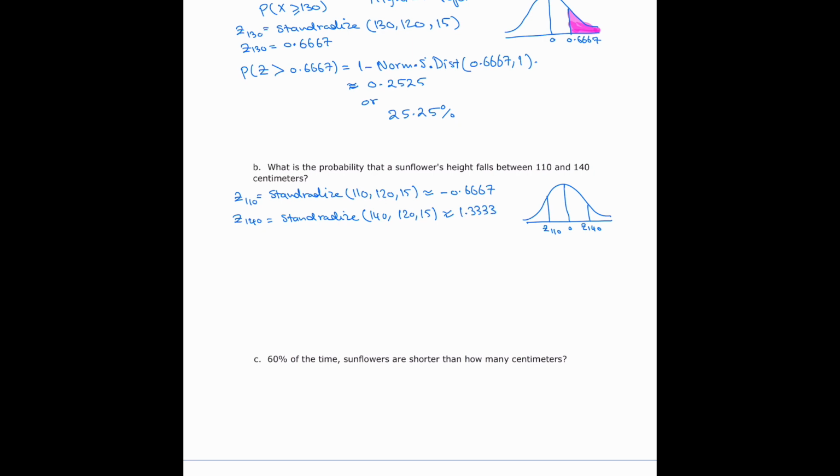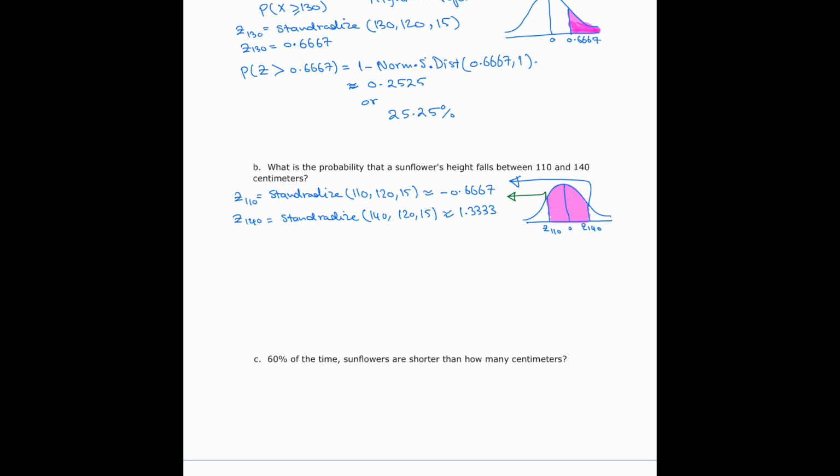And now, in order to find the area in between, the area in between is equal to the area to the left of the big number minus the area to the left of the small number. And that will leave us with the pink area.